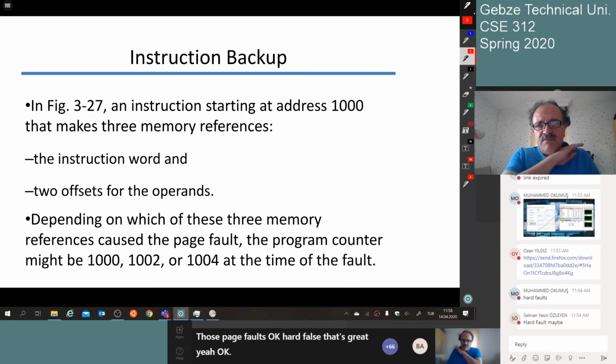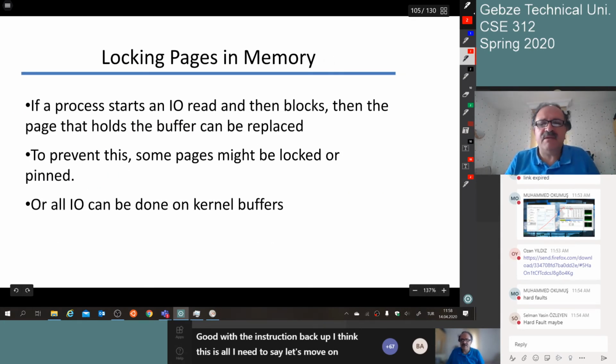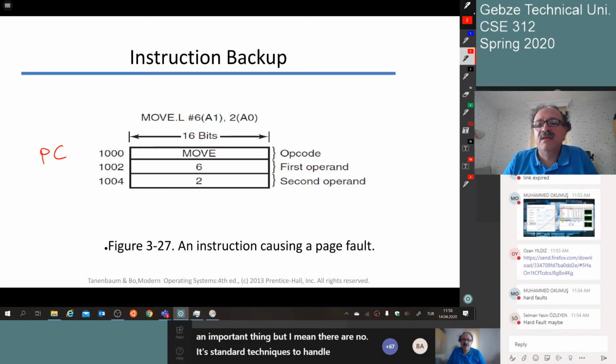Good. With the instruction backup, I think this is all I need to say. Let's move on then. It's an important thing, but there are no standard techniques to handle this instruction backup problem. You will have to use lots of tricks, lots of hacks that are related to CPU structure.